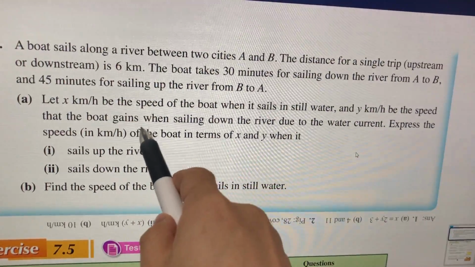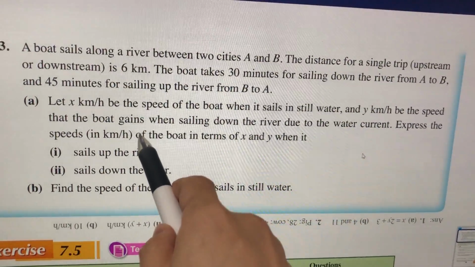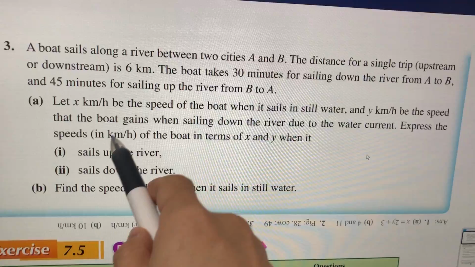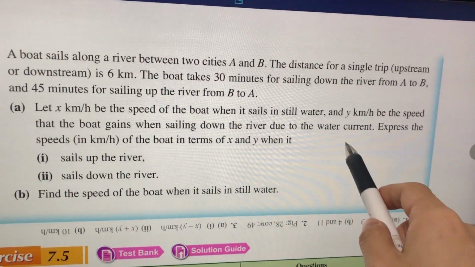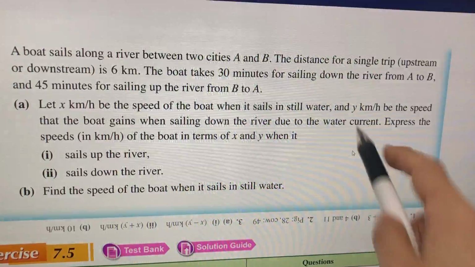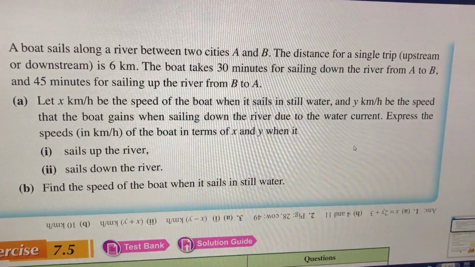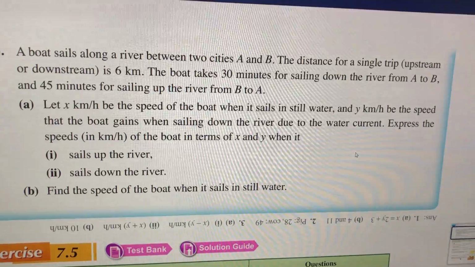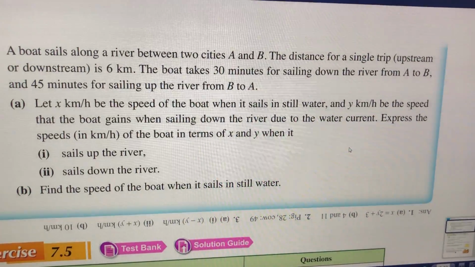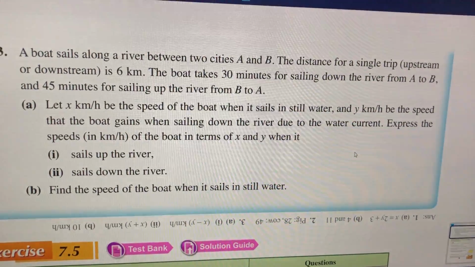Gain means the speed of the boat is increased by the pull from the water, and that speed is y kilometers per hour. Express the speed in kilometers per hour of the boat in terms of x and y.